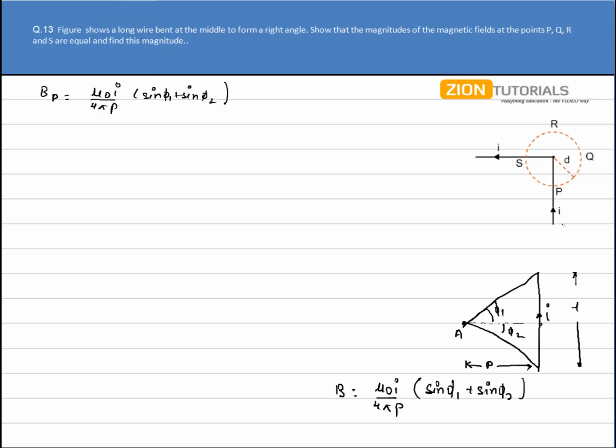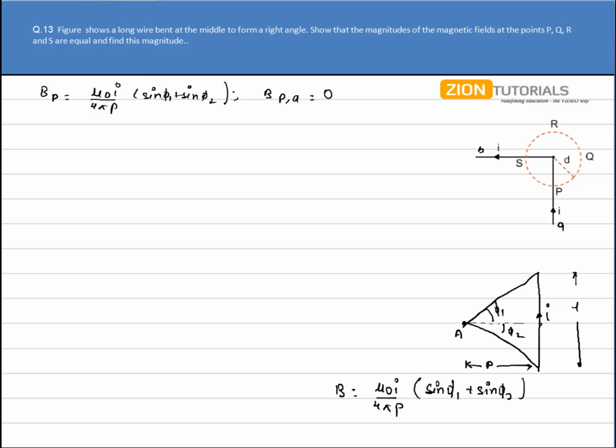Let's say this is my A, this is my B. So magnetic field at P due to A will be 0, because in that case the point P is lying on the current carrying conductor.